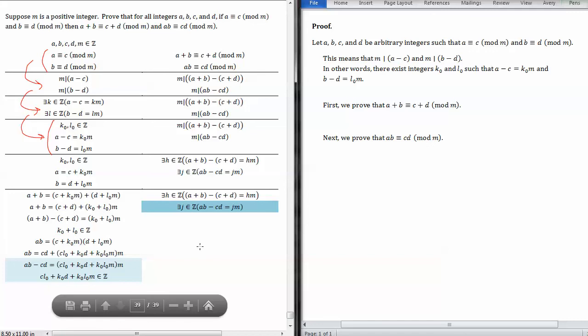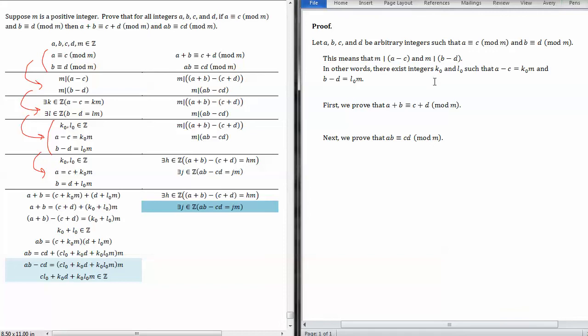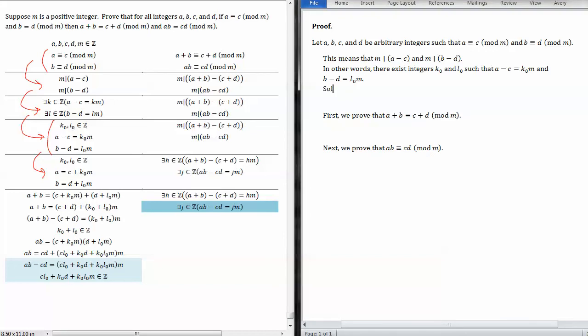So far all that is going to be useful for both of our goals. In the next step, we're going to solve for a and b. Solving for a and b, we obtain a equals c plus k naught m, and b equals d plus l naught m.